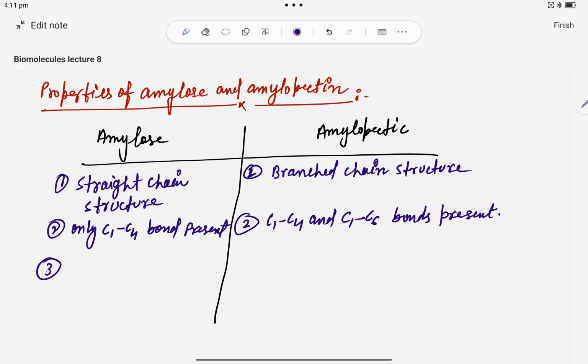Point number 3, amylose is water soluble, amylopectin is water insoluble.